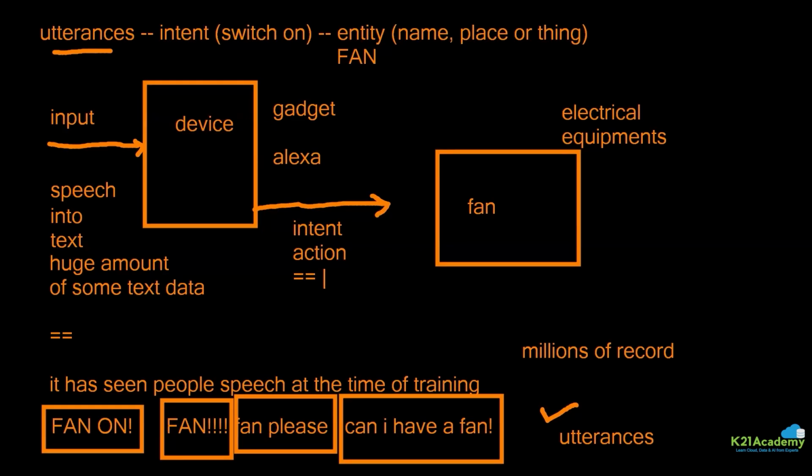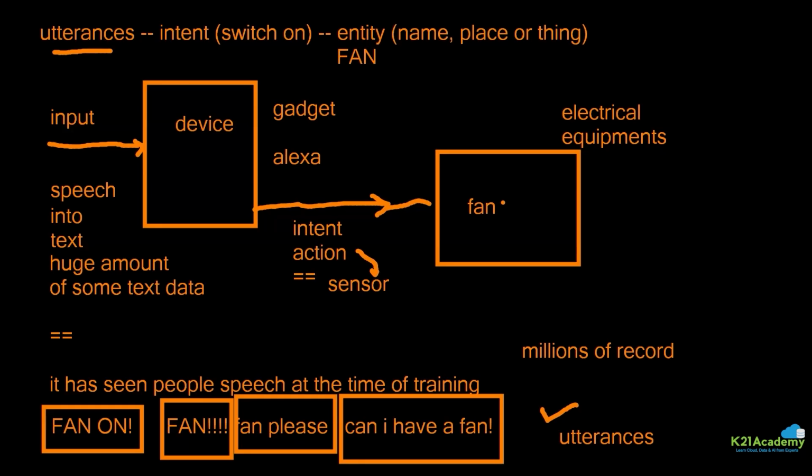So where will it go? Just to keep it simple, there will be a sensor. I'm just helping you understand. There will be an electromechanical sensor which is going to take action on behalf of the user to switch on the fan, switch off the fan, switch on the light, geyser, anything that you may speak of. Close the door, open the door, whatever you want to do.